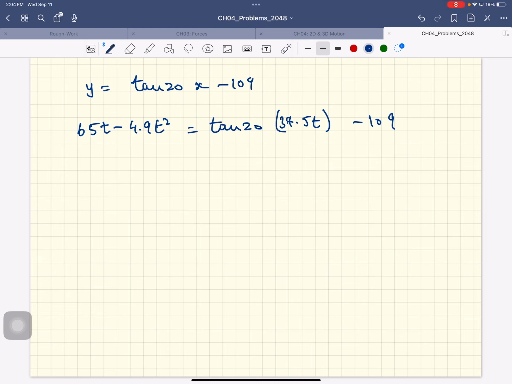Now we can solve for t. Once you have t, you can get y and x. And I'll let you guys do that.